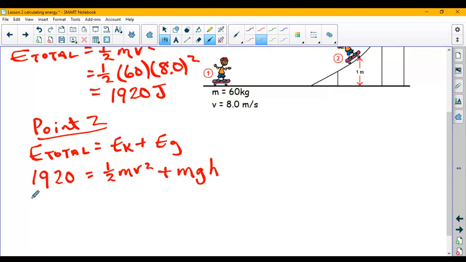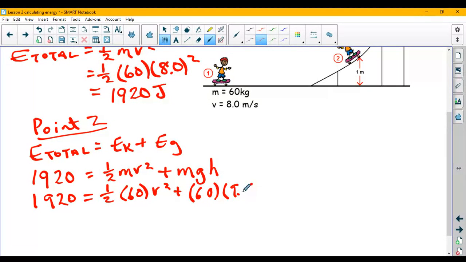Now I can substitute everything in here except for that velocity I'm looking for, because I know the mass of this boy. They told me that. I'm trying to find his velocity at point two. I know his mass, I know 9.8, and it says on the diagram he is 1 meter high. So this will let me find my value.